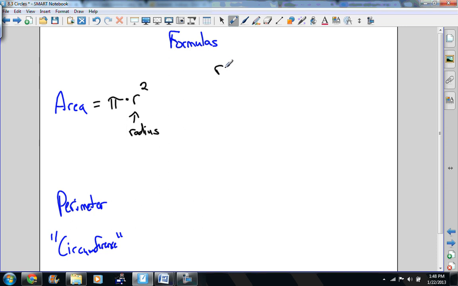So let's say if our r is 3, that means we have pi times the value of 3 squared. We know 3 squared is 9, so our area is going to be equal to 9 times the value of pi. You could write that as 9 pi, or you could actually multiply that out on a calculator.